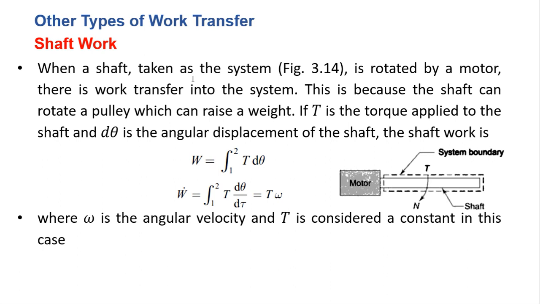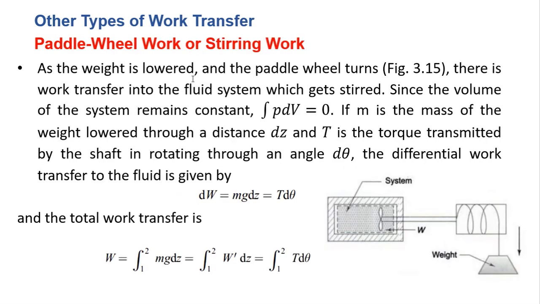Similarly for power, we can write W dot equal to T d theta by d tau, which leads to T into omega, the angular velocity. Here T is considered as a constant. In this manner we can write the shaft work.